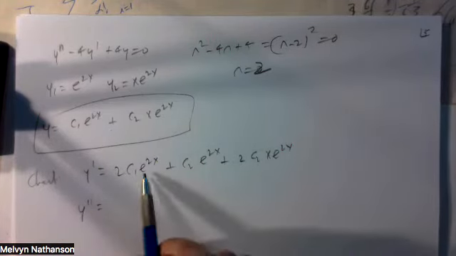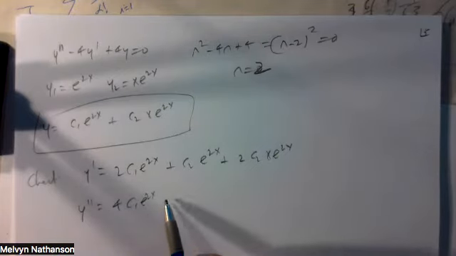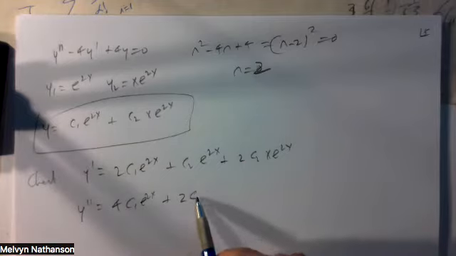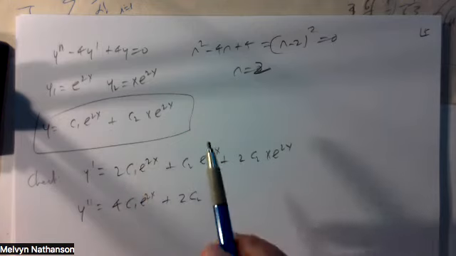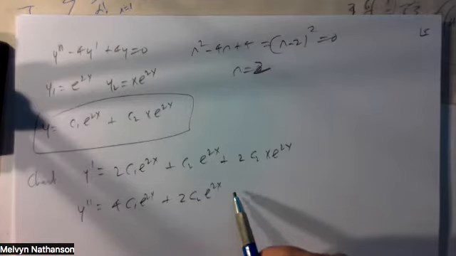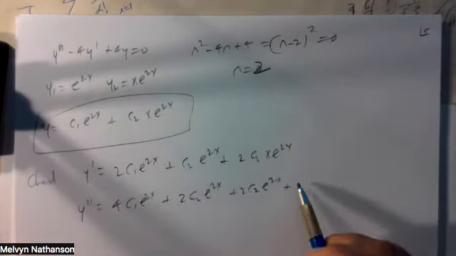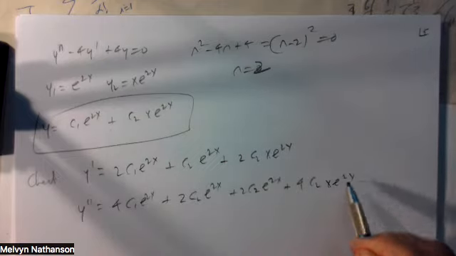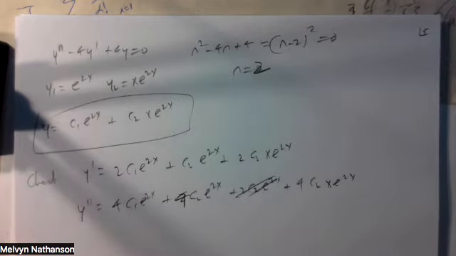Y double prime is equal to 4c1 e to the 2x plus 2c2 e to the 2x plus 2c2 e to the 2x plus 4c2 x e to the 2x, and 2 plus 2 is 4, so that just makes this a 4.